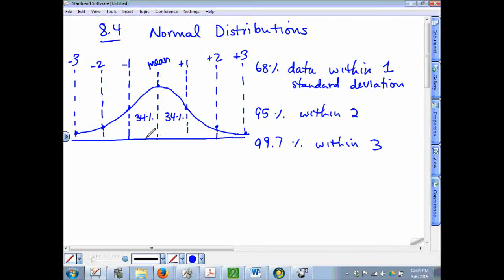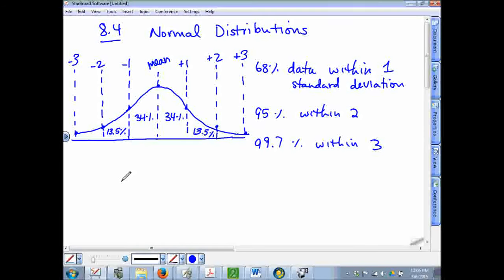Okay? I'm going to put 13.5% right here, and 13.5% right there. And just so we're clear on the numbers, what is 13.5 plus 13.5? It's 27, huh?